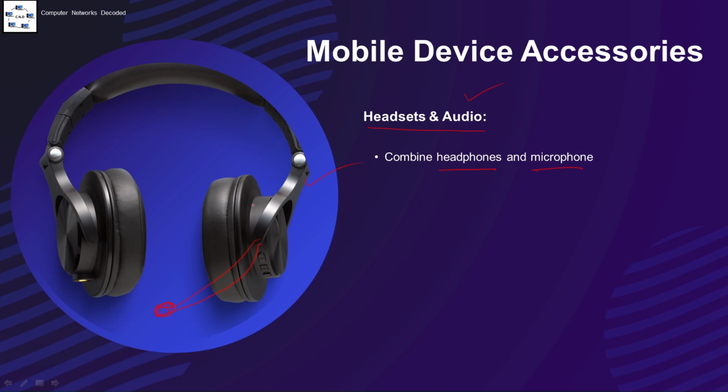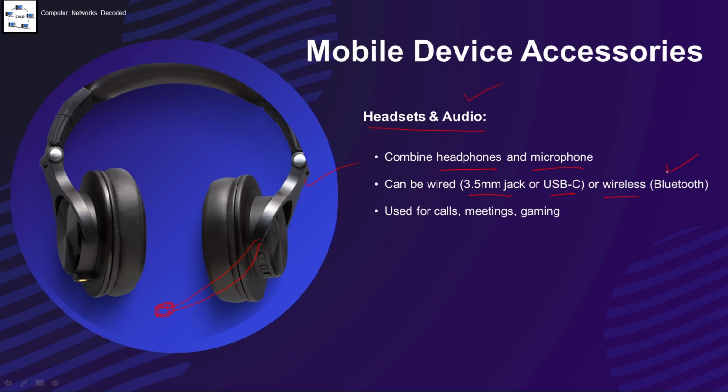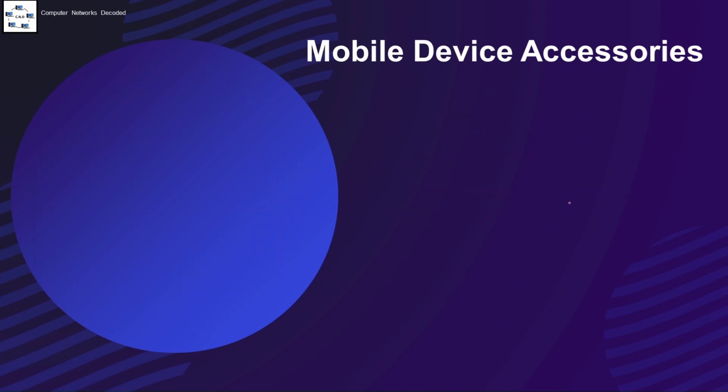So you can use it both to listen to audio as well as use its microphone as an input device. It can be wired, for which it uses 3.5 jack or USB-C port, or it can be wireless as well, for which it uses the Bluetooth connectivity. And the headset are basically used for calls, meetings, as well as it is also used by the gamers.